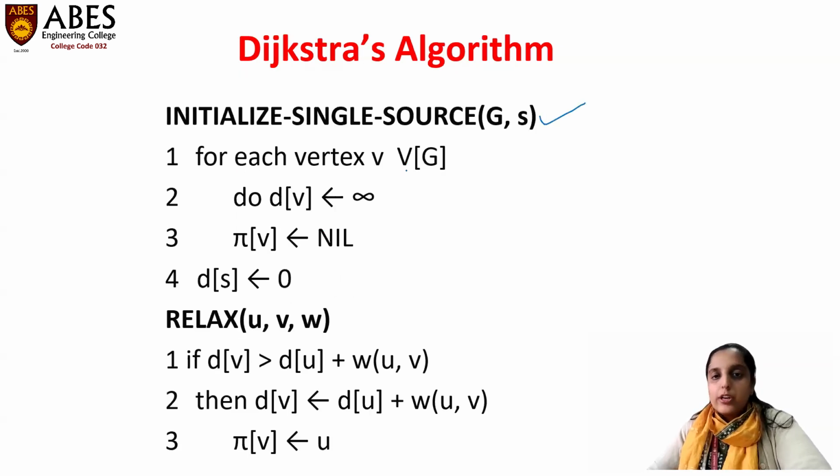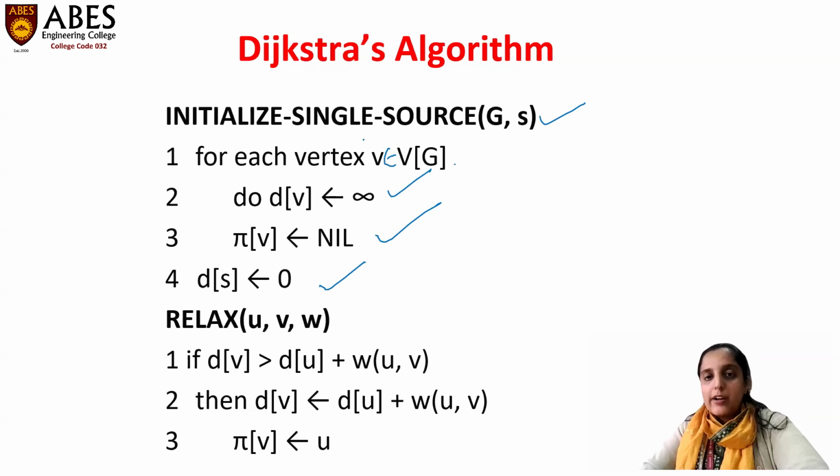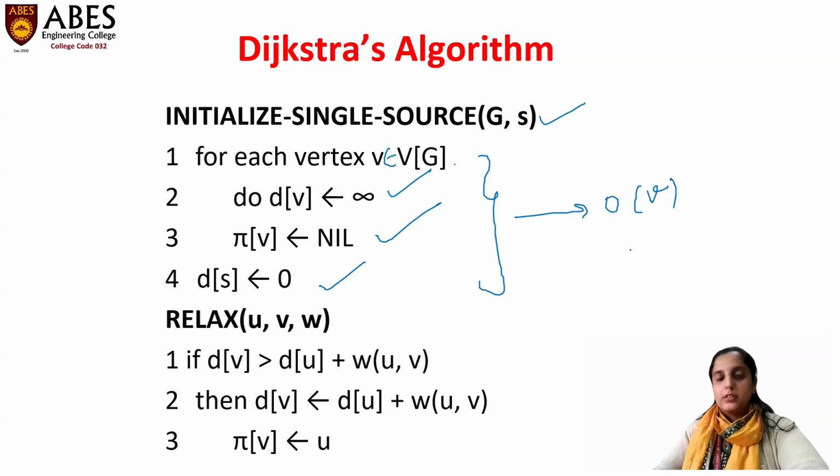It says for each vertex V belonging to V of G, set the key value of all the vertices as infinity, their parent as nil, and initialize the source vertex as 0. I don't think I have to explain these again. All these initializations we have done in Prim's as well as in Dijkstra's, so they are similar. So this particular step will take O of V time.